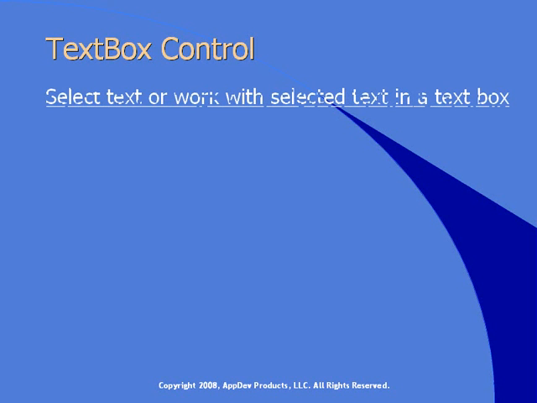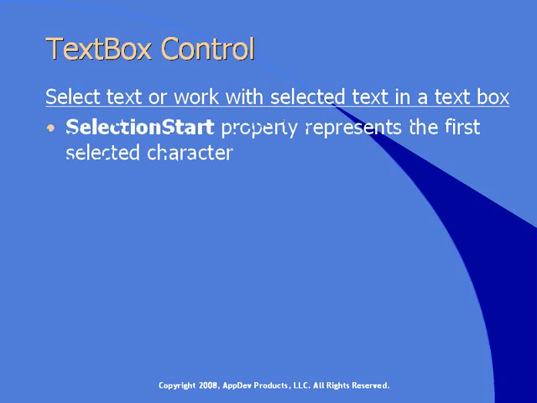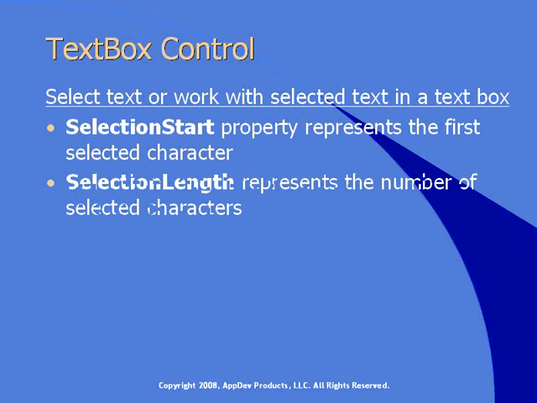The user can select text in a text box. You might want to either select text or work with the text that's been selected at runtime. So to do that, the first thing you need to be able to know is what text was selected. Well, the selection start property represents the first character that was selected, and then selection length will tell you the number of characters that were selected.